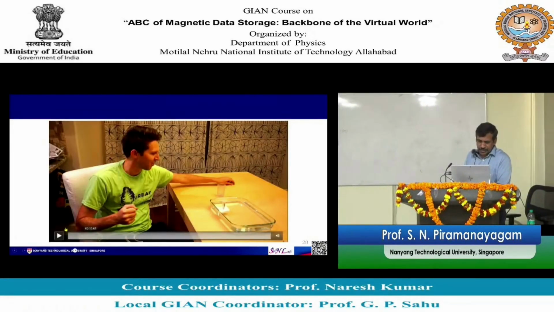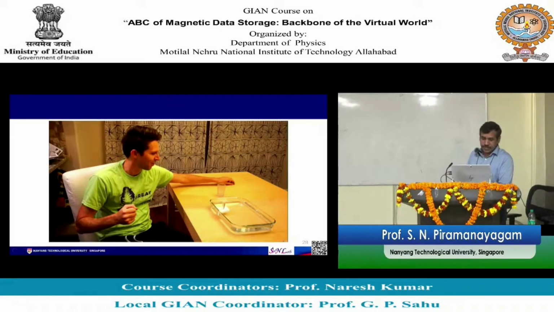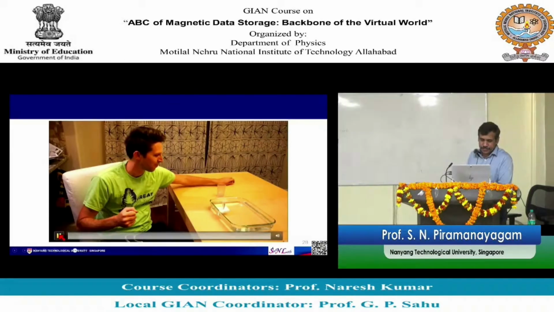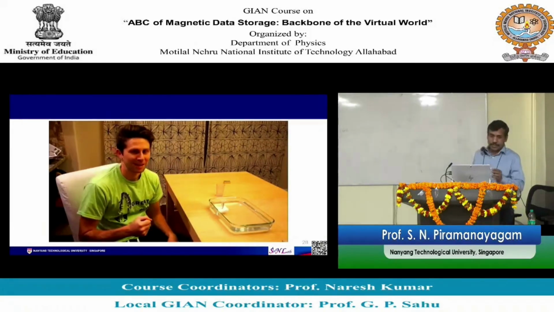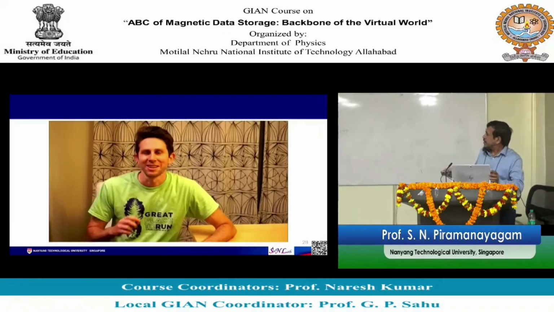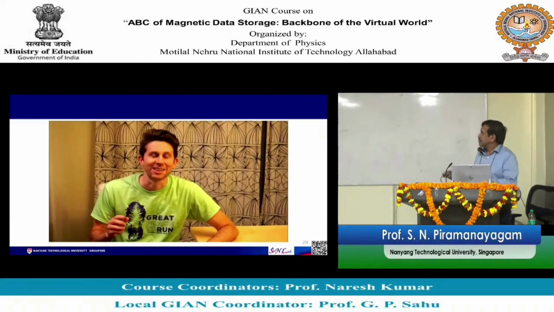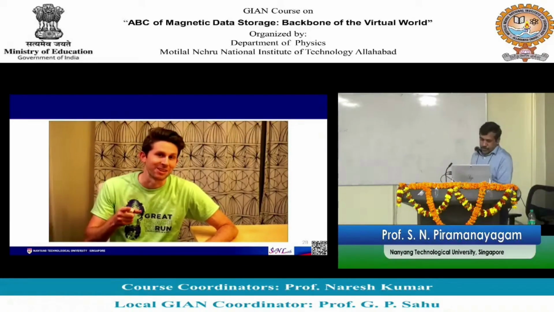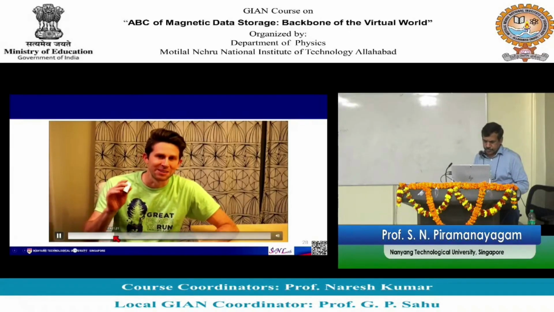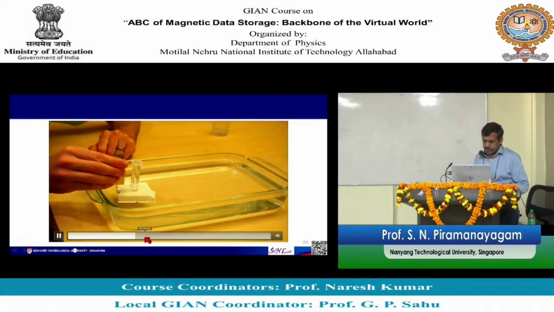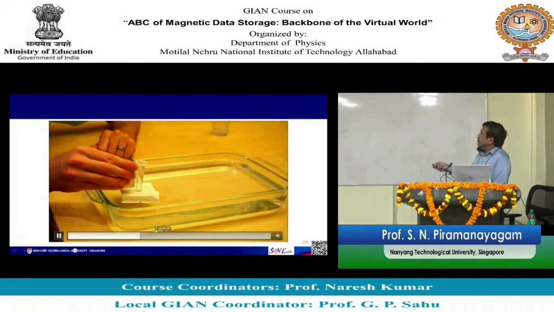Okay, so, this is another video to demonstrate the repulsion between a magnet and a diamagnetic material. In this case you see that this guy has a strong magnet, and he is going to push this water away.